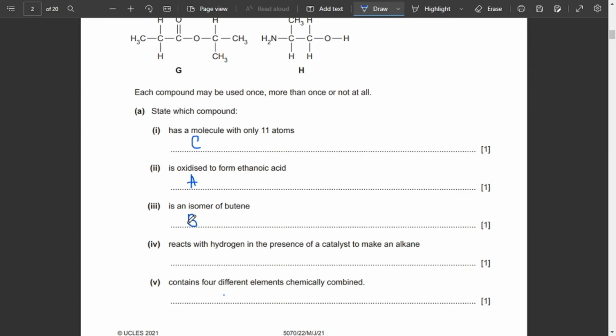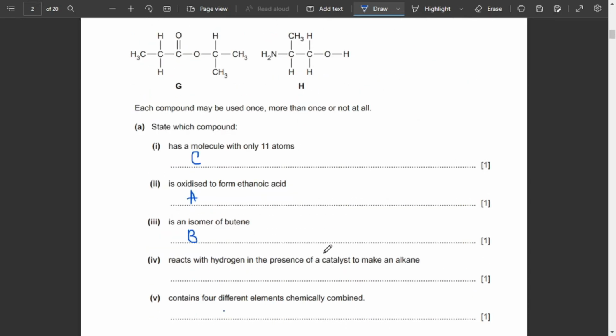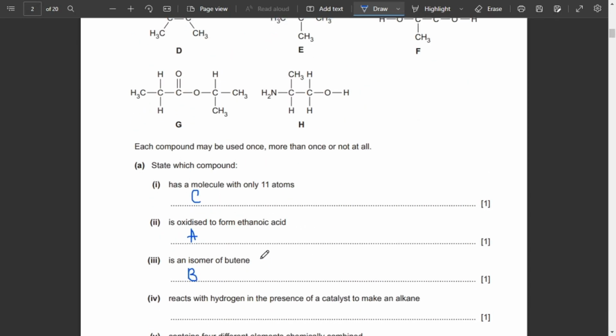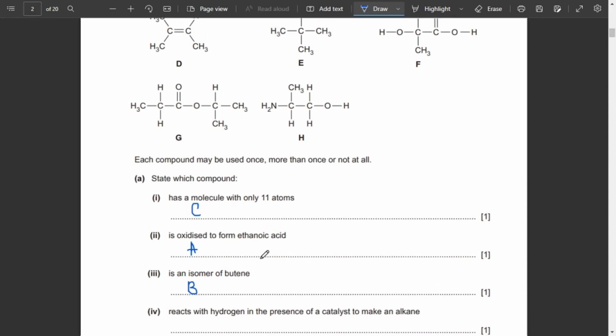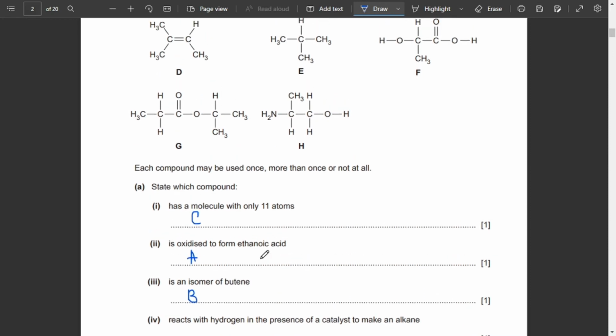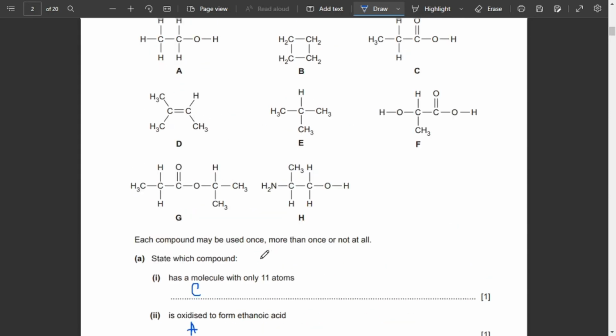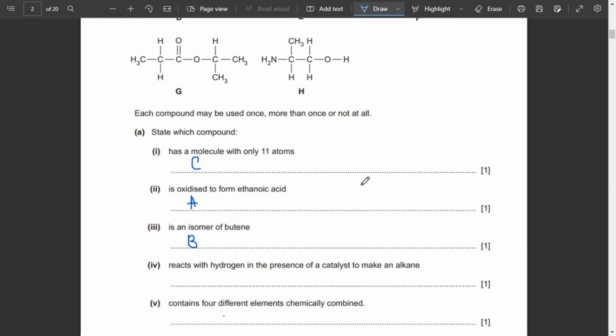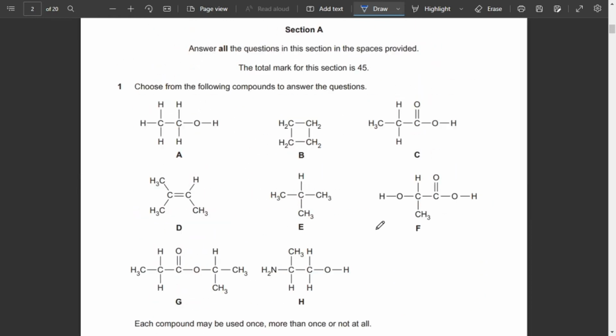Moving on to part 4, reacts with hydrogen in the presence of a catalyst to make an alkane. Part 4 says we need to have something like that in which if we add hydrogen, it becomes an alkane. We're again talking about alkane over here, so that means carbon and hydrogen only.